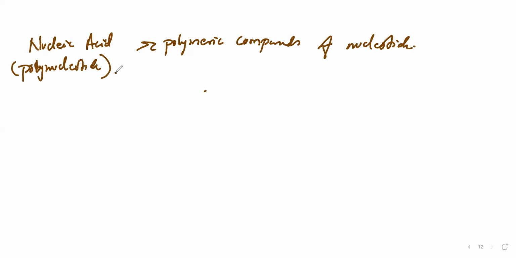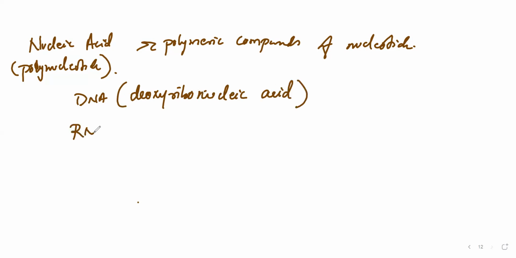So we have two types: one is called DNA, the full form is deoxyribonucleic acid, and then you have RNA, which is ribonucleic acid. So first, let's see about the DNA.